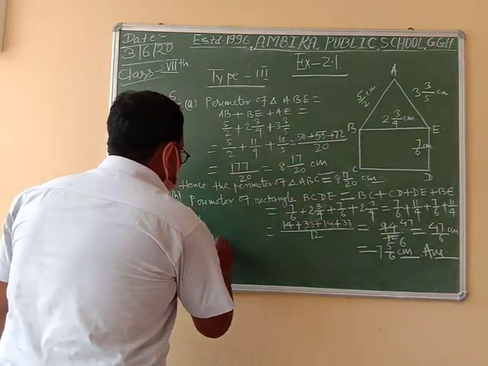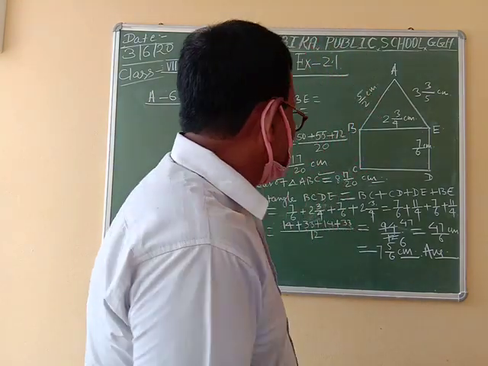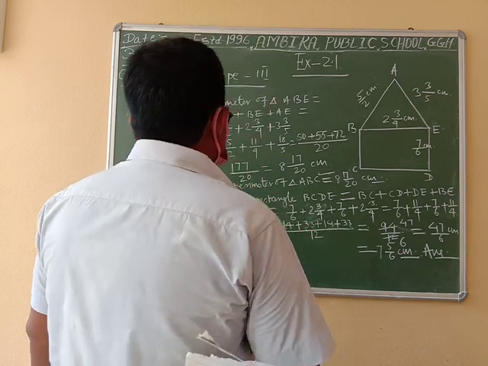Now, in part C, whose perimeter is greater?